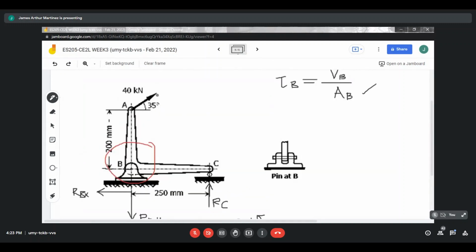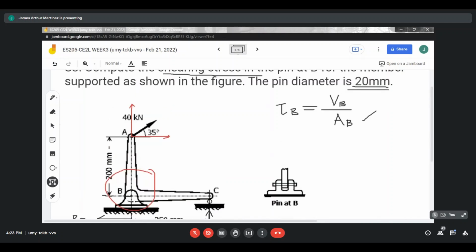So lisod siya i-determine since by definition dapat ang perpendicular distance of force A to point C. So atong gamiton nato ang Varignon's theorem, no. So the very famous Varignon's theorem na ato siyang i-break down into its components. So x and y components of your force A. So how do we find x component of force A?